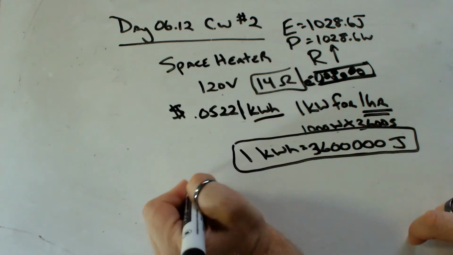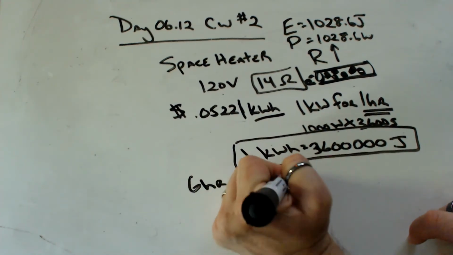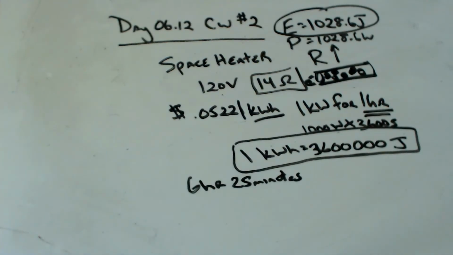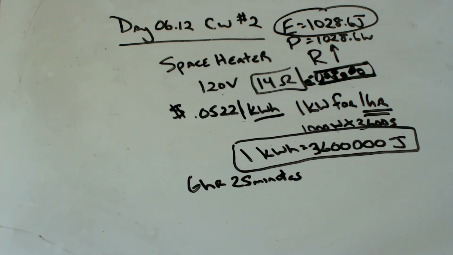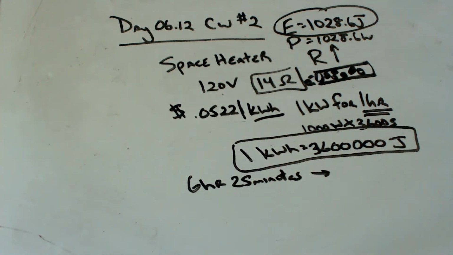Now if we're running this for 6 hours and 25 minutes, that means every second we're using up 1,028.6 joules of energy. So we need to convert this to seconds. So 25 minutes to seconds, and then 6 hours to seconds. And I'll do them separately. 6 times 3,600 is 21,600.